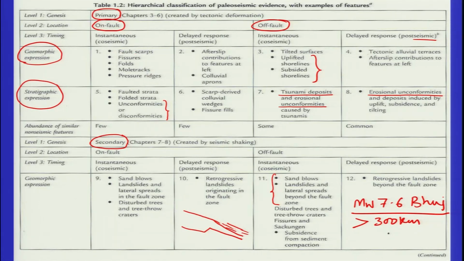But at a regional scale, we will have to look at what the effect of that deformation was on a larger scale, away from the fault. And if we have a blind earthquake or a blind fault, then we may not come across the features which are listed here. In that case, we usually take into consideration the secondary features, which help us in identifying the tectonic event.